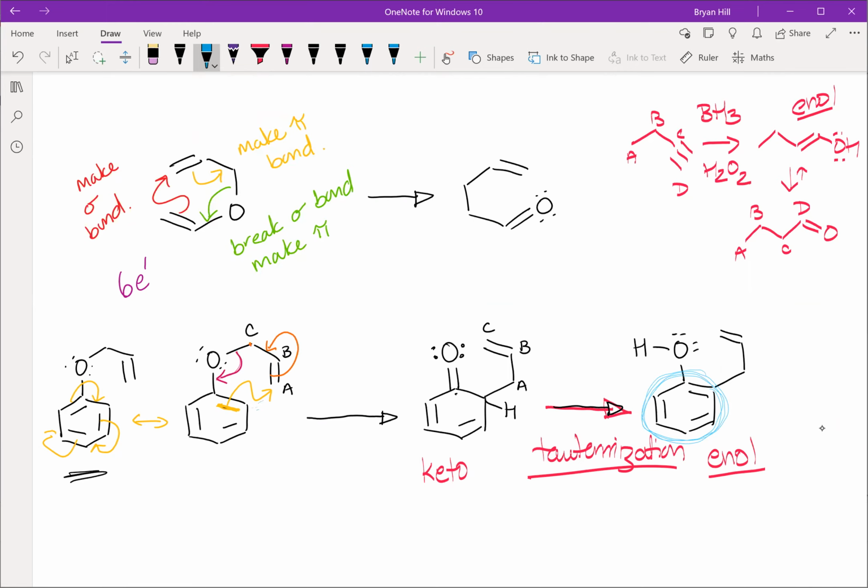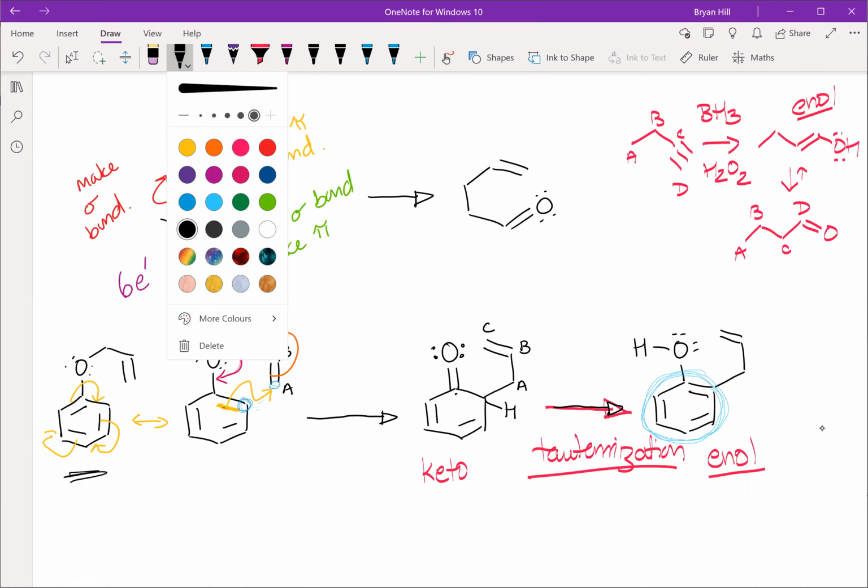So you're making a carbon-carbon bond between here and here. Anytime, remember, organic chemists, that's what they want to do, make carbon-carbon bonds. So this is quite a neat little reaction. So it's 6 electrons moving around in a ring across 6 atoms, and all of you can move all of the arrows at the same time.